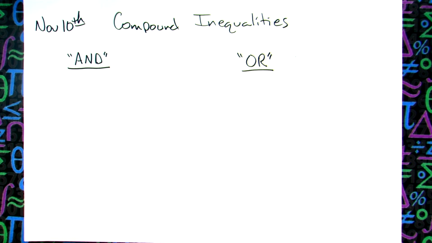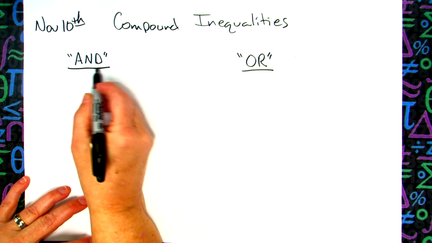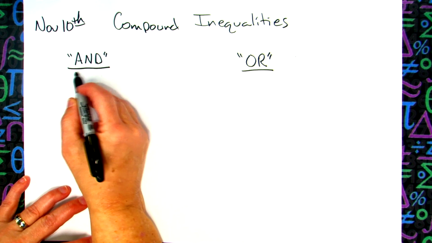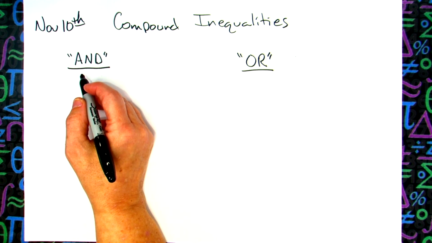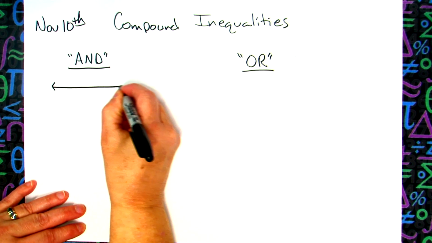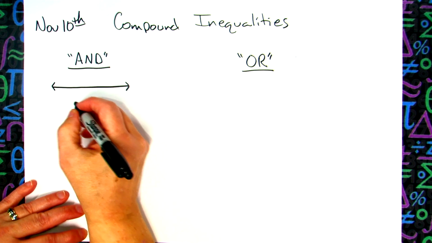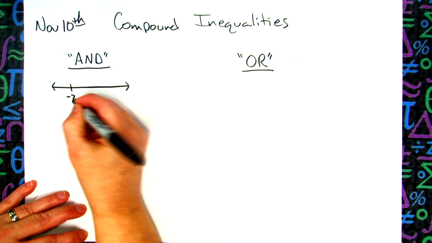All right. Now, the thing that you need to remember is that with your compound inequalities, if you see the word and, or it's in the form which I'm going to show you, that indicates that it's an and. Your number lines are going to have some number on the left. I'm just going to randomly make up a number here, maybe say -2.